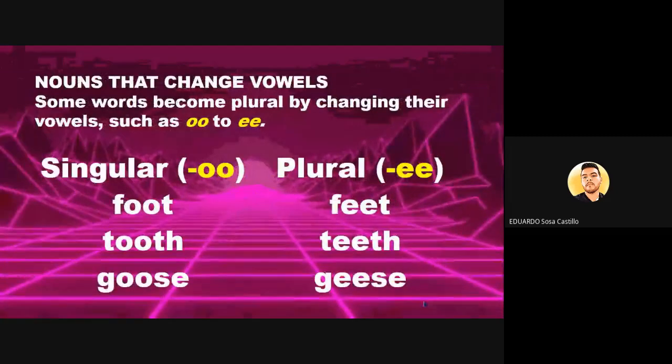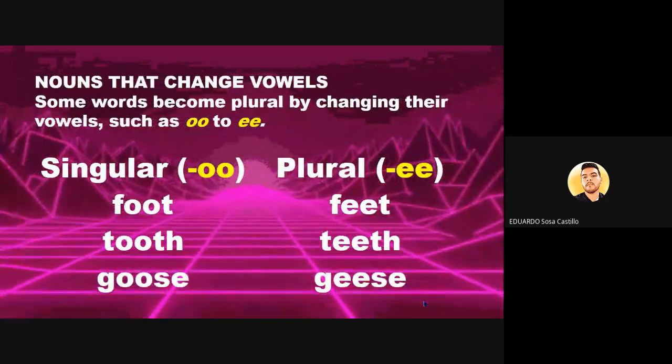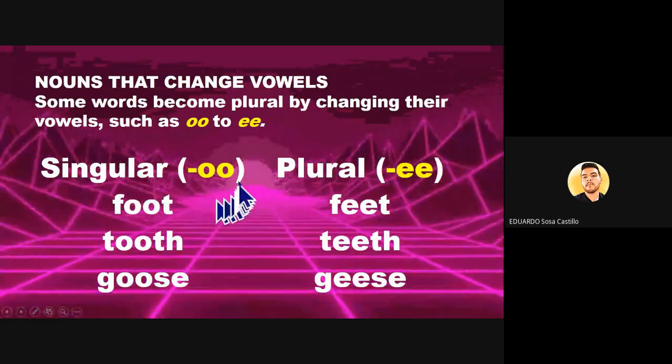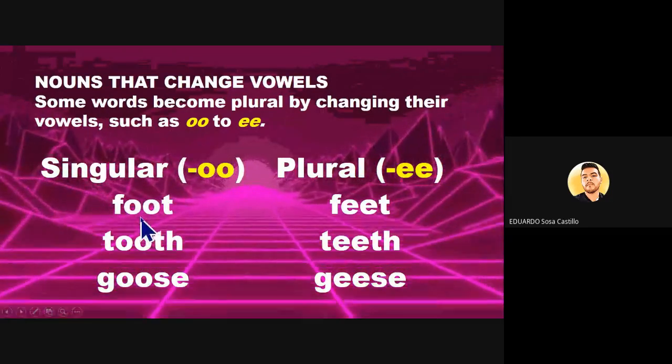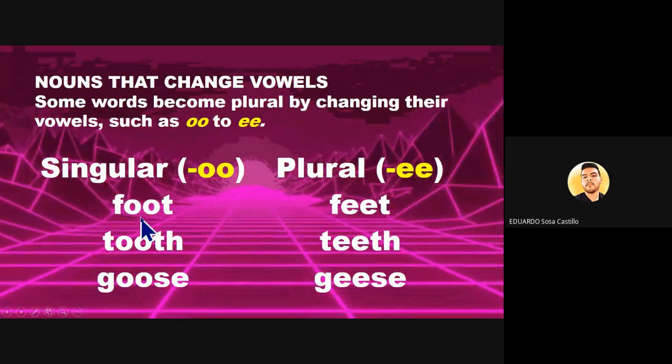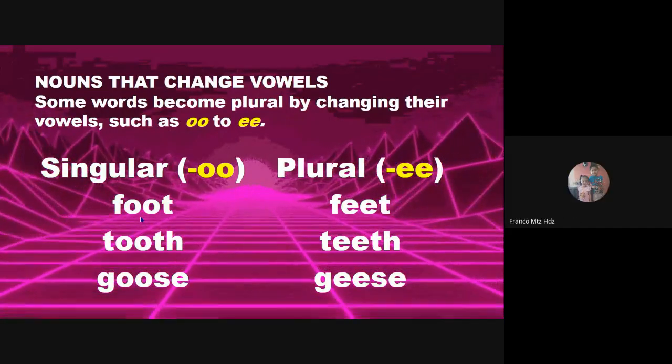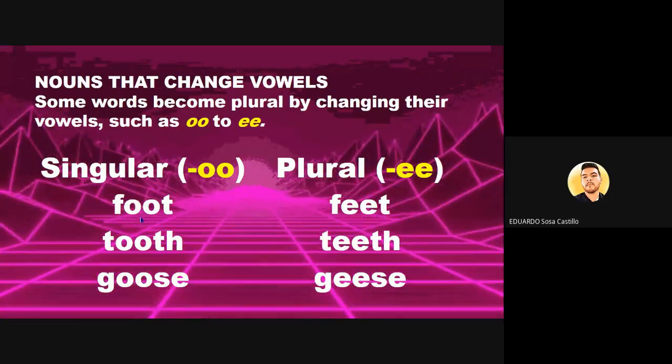So let me show you some other cases. Check this out, Mariana and Jesus. For singular nouns with double O, like for example, foot, let me tell you by the chat what is the meaning of foot. Okay, look at the chat.